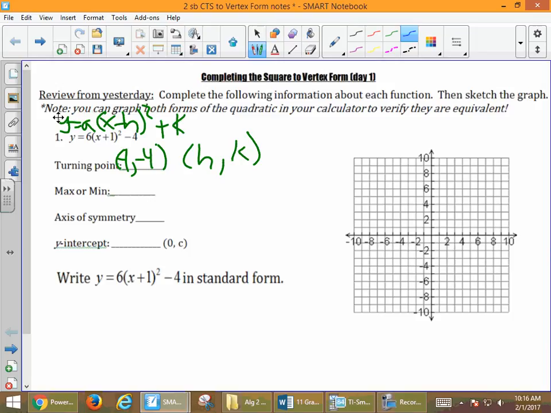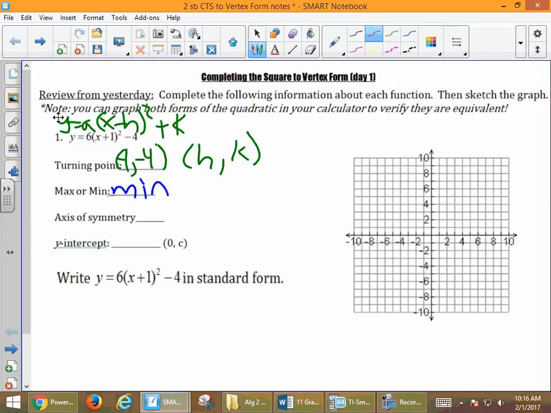So is our coefficient positive or negative for this one? Positive. So we have a positive 6, and that means our graph is going to be facing up, and so our turning point is going to be a minimum because it's at the bottom. So we're going to have a min for our graph and for our turning point.